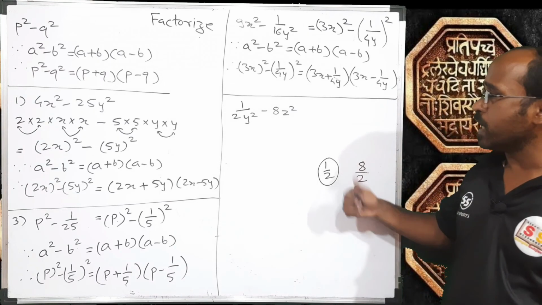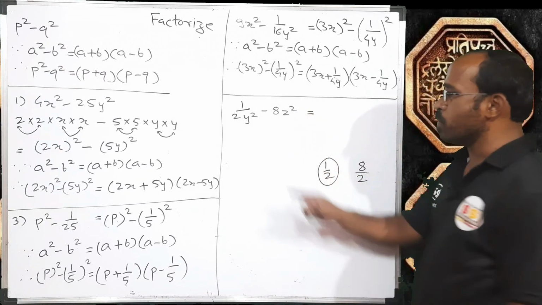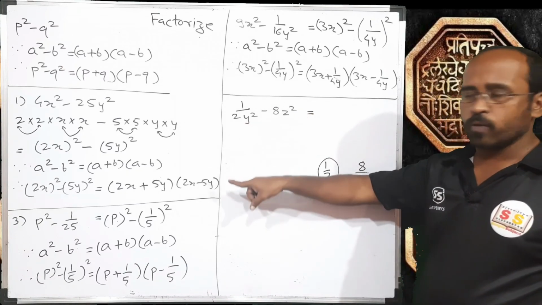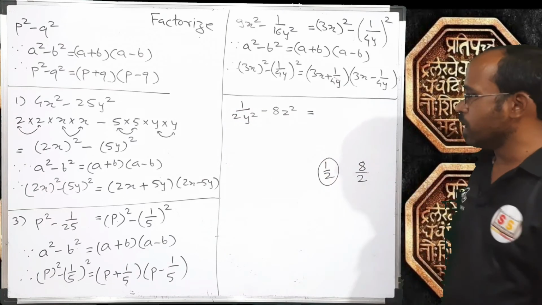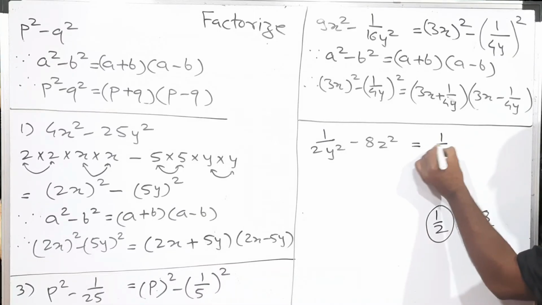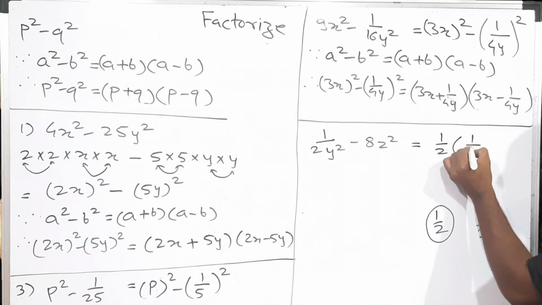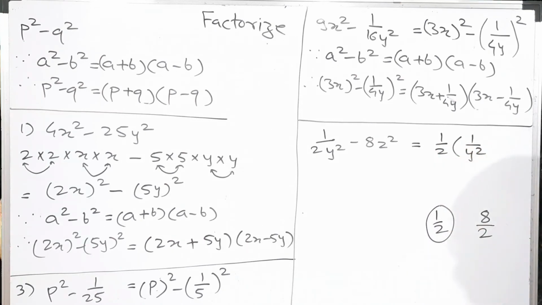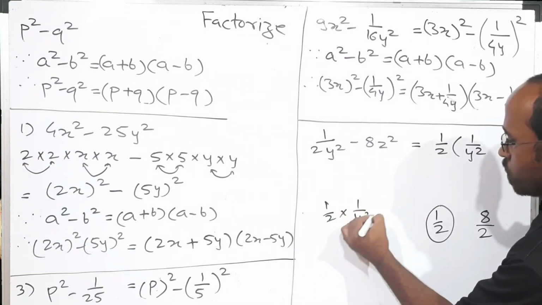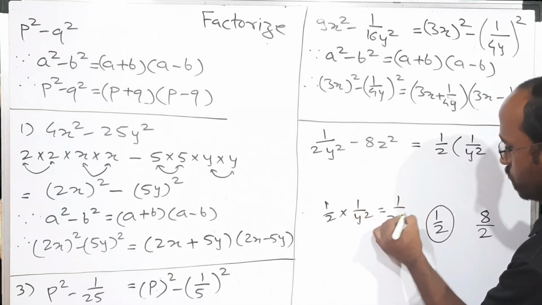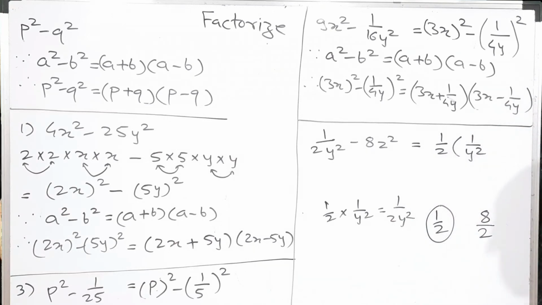Means if we take 1 upon 2 common from both of the terms, what will happen? If we take 1 upon 2 common from 1 upon 2y square, here it will remain 1 upon y square, right? Because 1 upon 2 multiplied by 1 upon y square is equal to 1 upon 2y square. Clear?